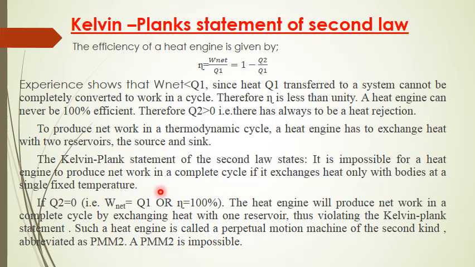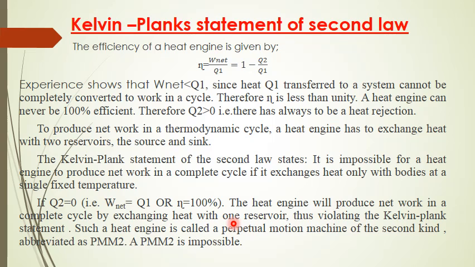In a 100% efficient engine, a heat engine would produce net work in a complete cycle by exchanging heat with one reservoir. By exchanging heat with only one reservoir, a heat engine cannot work. Such a heat engine is impossible. A 100% efficient heat engine is not possible.